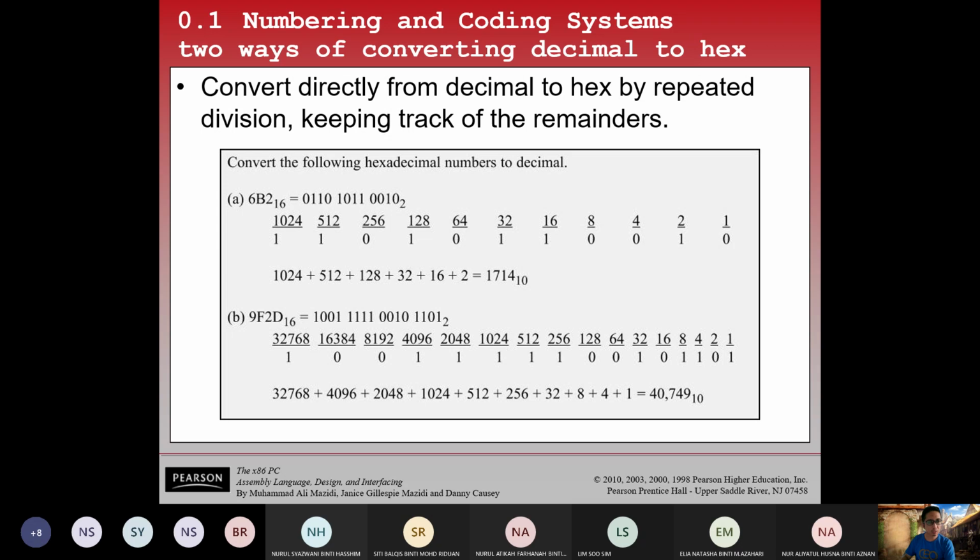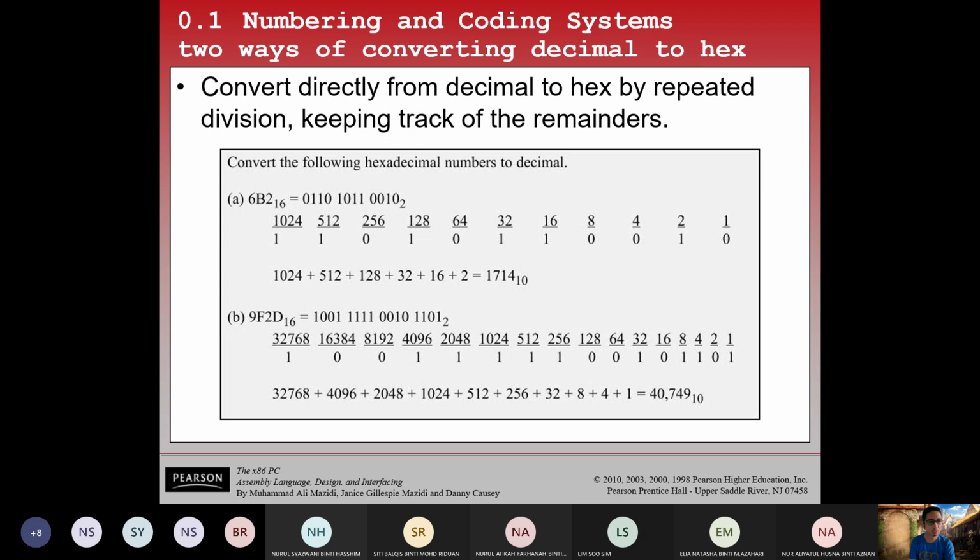In order to do the conversion of decimal to hex, as we learned on Monday, we need to perform the conversion into binary first, and then binary back to decimal.